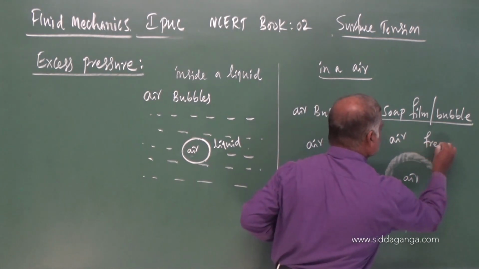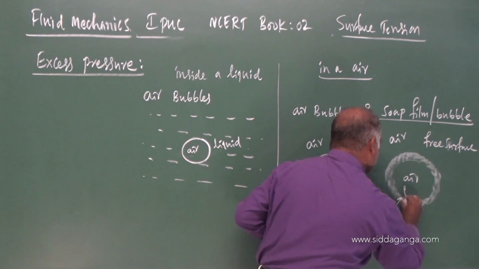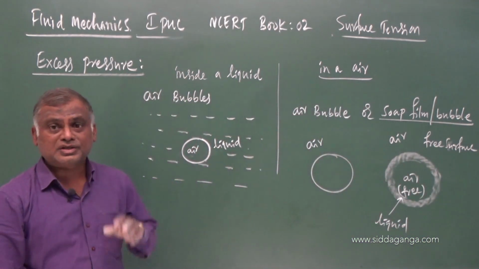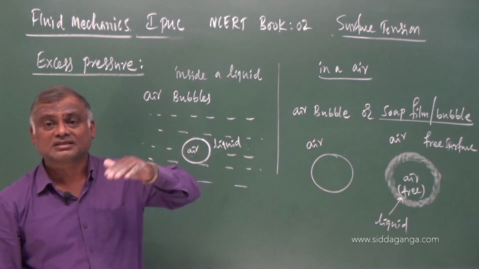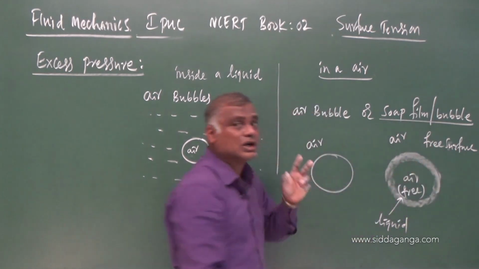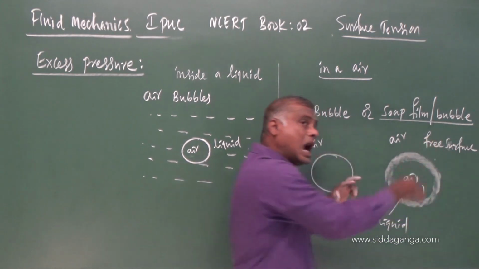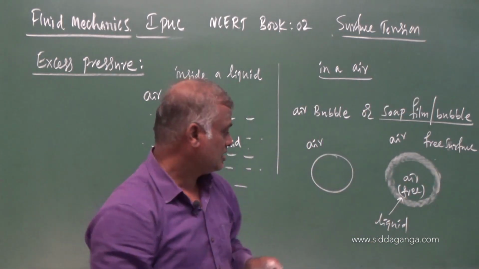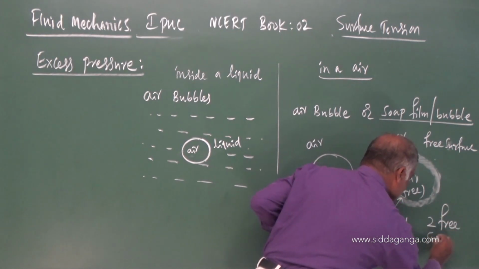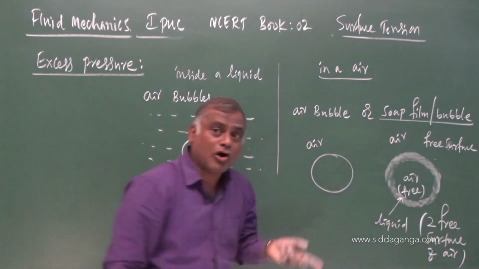This one free surface, here also another free surface. Means two free surfaces, that is, this liquid is in contact with air at two surfaces, one on the inner side and one on the outer side. You must say there are two free surfaces of air in contact with liquid.